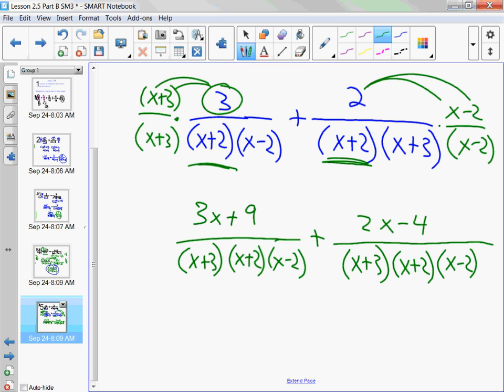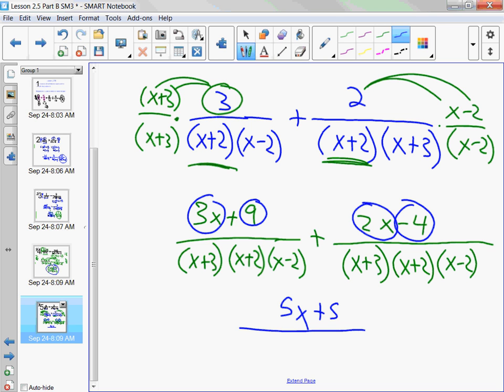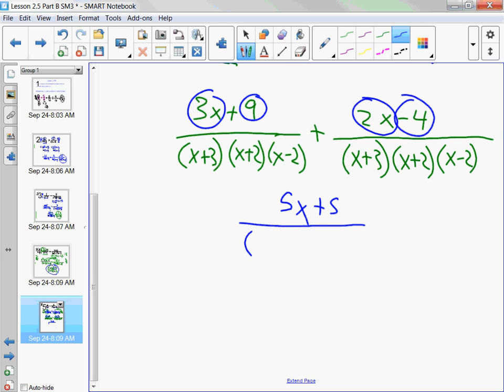And I combine like terms on the top. So I'm going to add this 3x and 2x together to get 5x. And we add the 9 and the negative 4 together to get 5. And I write that all over my common denominator, x plus 3 times x plus 2 times x minus 2.